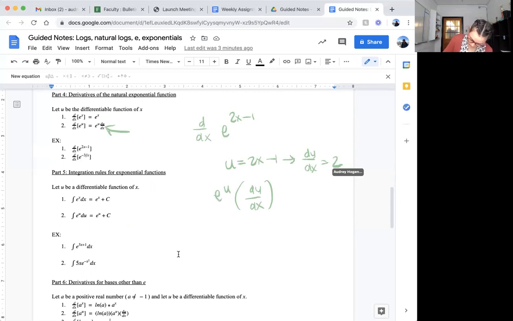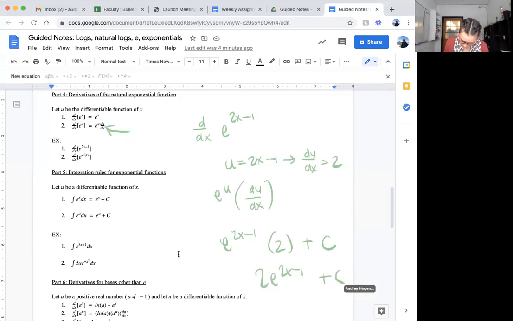So we are going to have e to the u, where u is 2x minus 1, times 2. So the derivative of e to the 2x minus 1 is going to be 2e to the 2x minus 1 plus c.